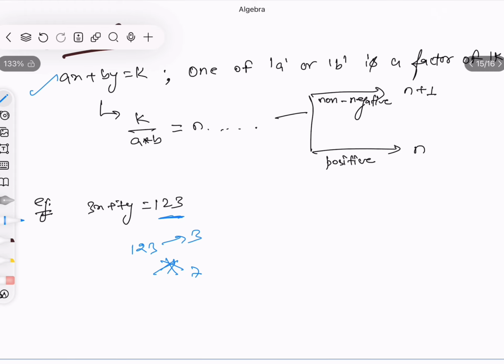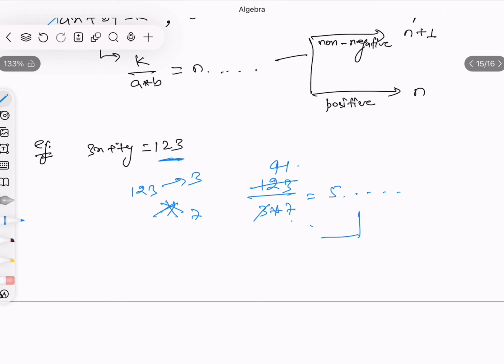So k upon a multiplied by b, this would be 41 for the divisible one, and this would be 5 point something, because 7 times 6 is 42, so it would be less than that. So non-negative will be 6 and positive will be 5.